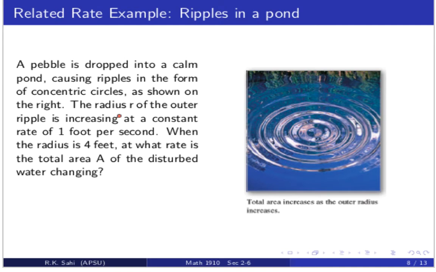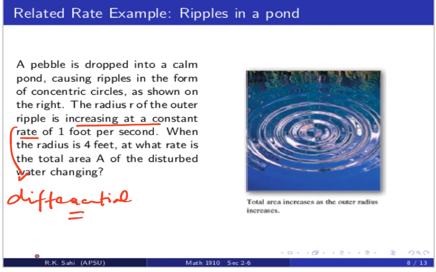Notice the radius of the outer ripple will increase. According to our problem, the radius of the outer ripple is increasing at a constant rate of 1 foot per second. This wording, increasing at a constant rate, shows us that there is a differential.